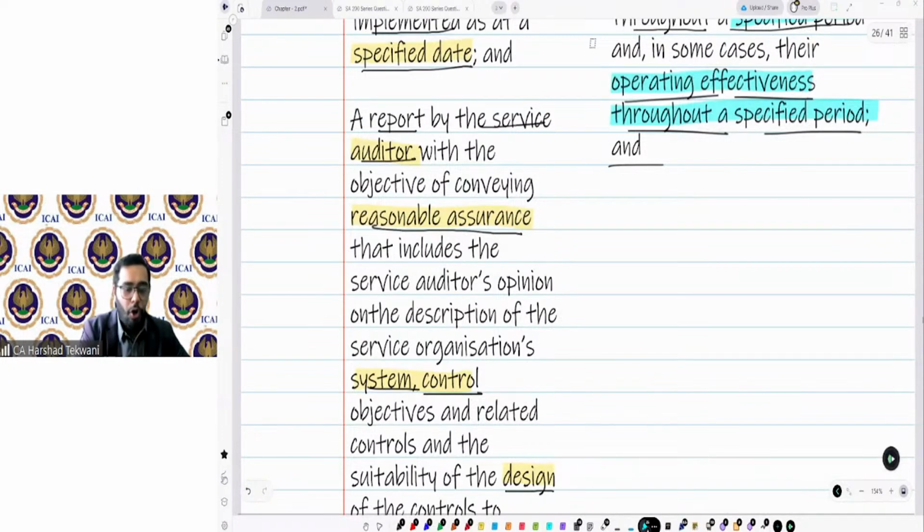Type 1 report was talking only about the design and implementation at a specified date: either they are implemented, they are designed appropriately or not on a specified date. But type 2 report is talking about whatsoever is there throughout the period, the implementation and design throughout the period.